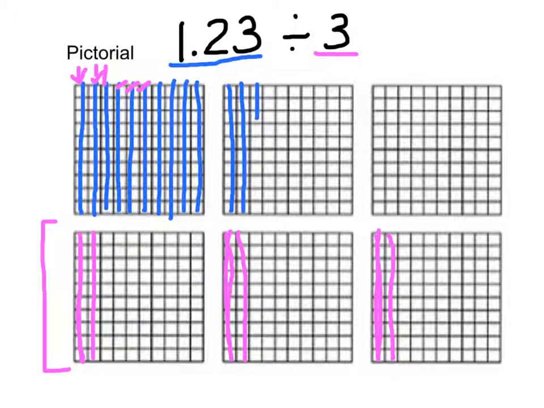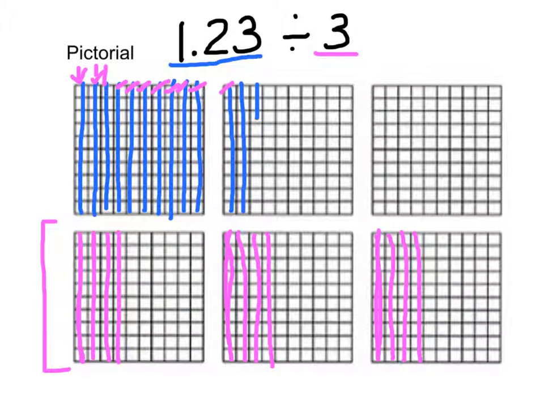I'm just kind of marking it off to keep track of it. It's going to be the third. We're going to keep going here. And then another one. And then the 4/10.